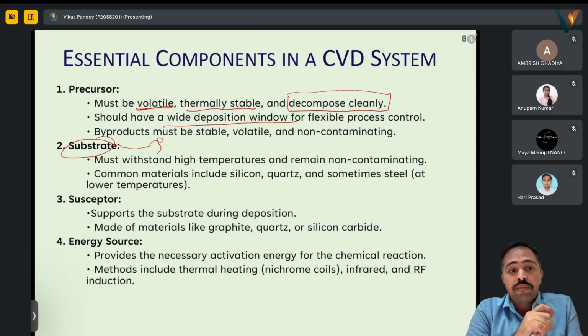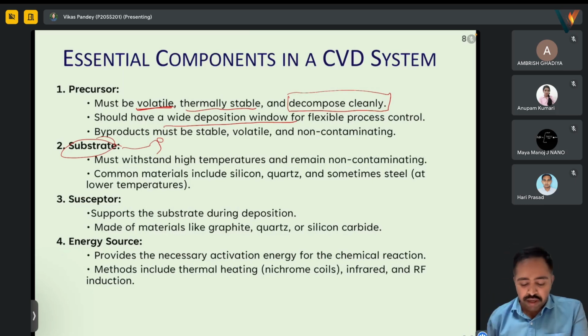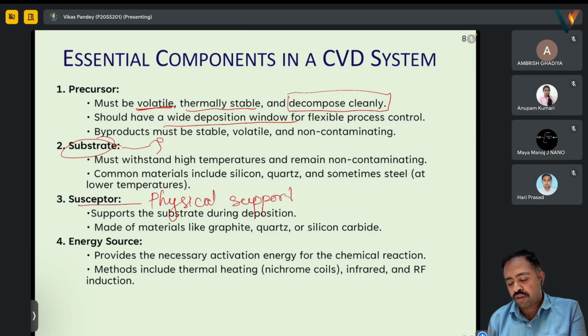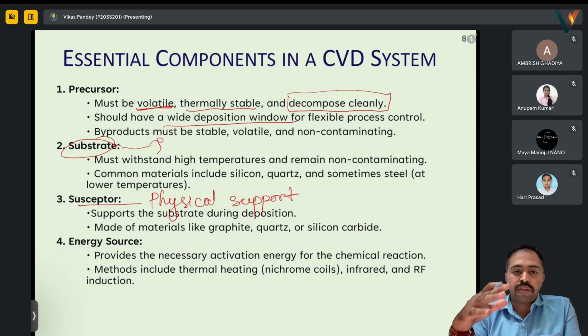Third is the susceptor. Again, this is very important that it should not take part. The susceptor has only one role, that is physical support. So it should remain rigid throughout the reaction, whatever temperature it reaches.